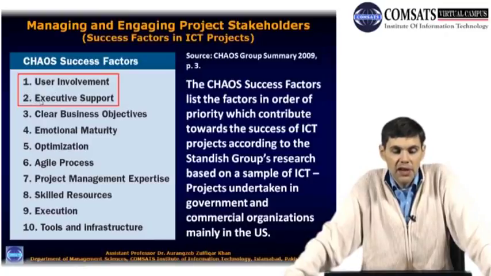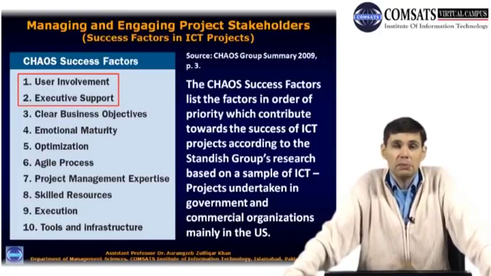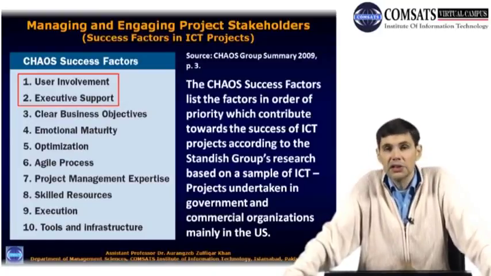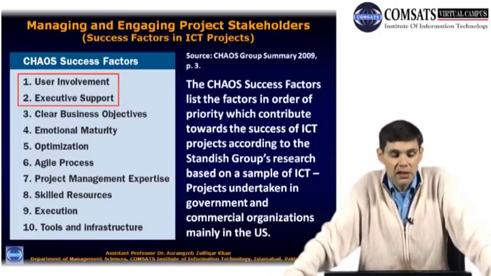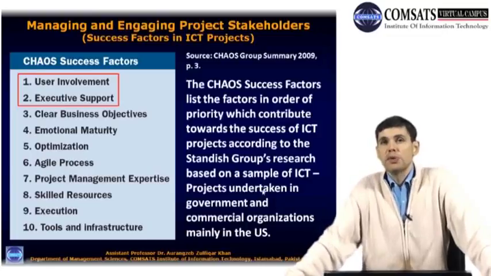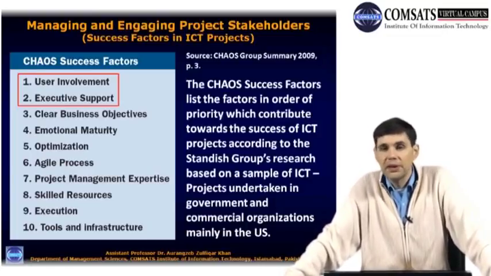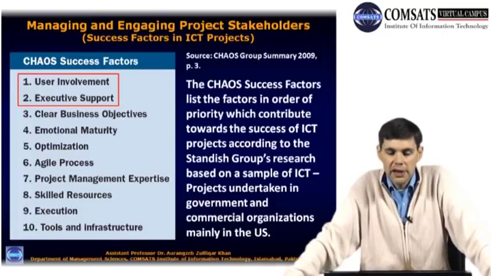Second most important factor, executive support. I talked about executives in one of the preceding lectures, senior management, executives. Without executive support, more often than not, your ICT project is not going to be successful. It's not going to get off the ground. Resources might not be given. It might be terminated earlier.